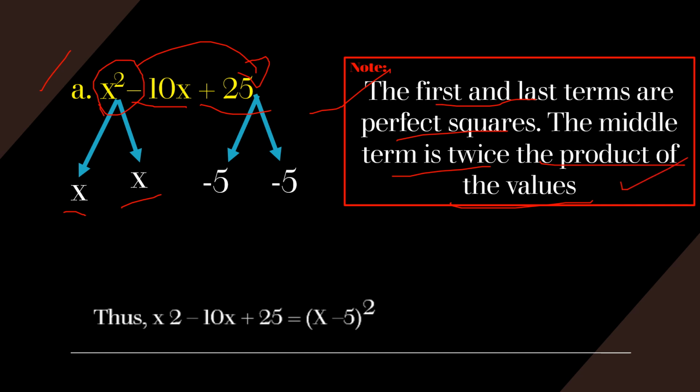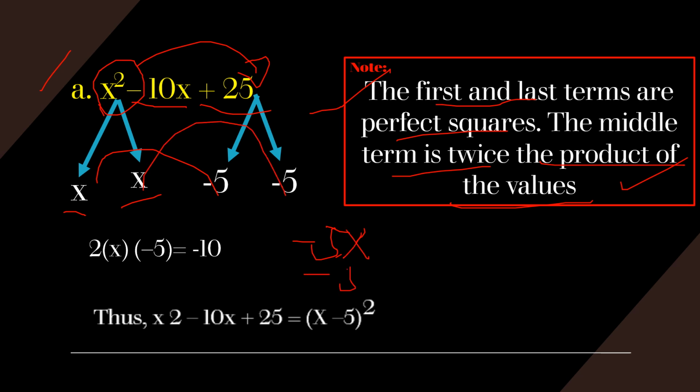Okay, that's very clear. So that means that we are going to multiply x times negative 5, that is negative 5x, and x times negative 5, that is negative 5x. It would give us negative 10x.